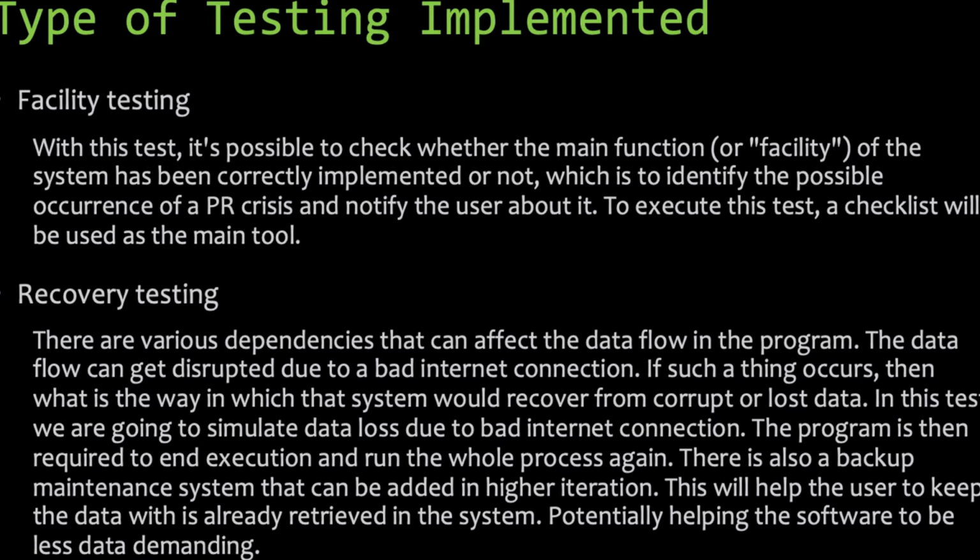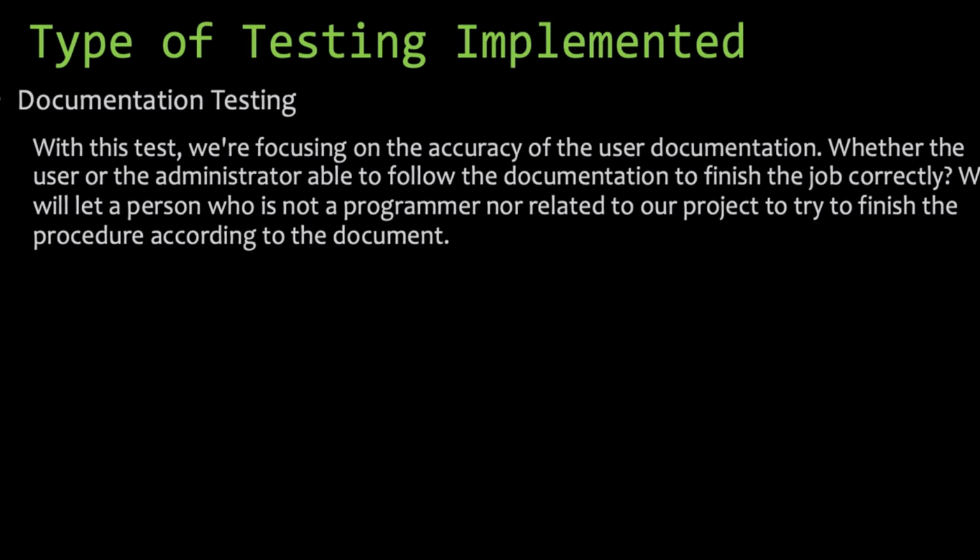For the recovery test, we are a web-based system, so the web connection is not very stable. We have to check, once there is a disconnection, how much time we have to spend to recover it. And for the documentation test, we try to figure out if our document guide or user guide is friendly enough and helpful for our users.